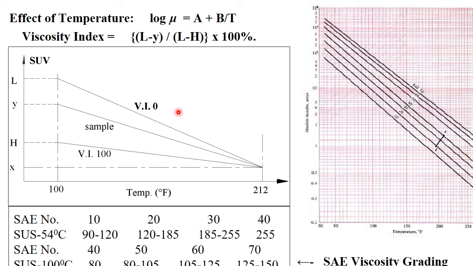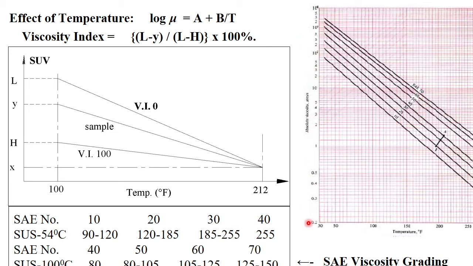Okay. Now this is a plot of the SAE grade of oil. This is a standard oil. If you purchase in the market, you will see the lubricants are specified by their SAE number. These are the SAE numbers you can see here. And what are the corresponding viscosities?